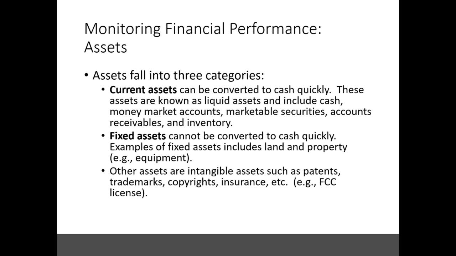Talking about assets, they fall into three categories. Current assets can be converted to cash quickly. They're known as liquid assets, and include cash, money market accounts, securities, accounts receivable, inventory. A lot of times there are businesses that will come out and buy your accounts receivable. So let's say people owe you $100,000 worth of advertising revenue.